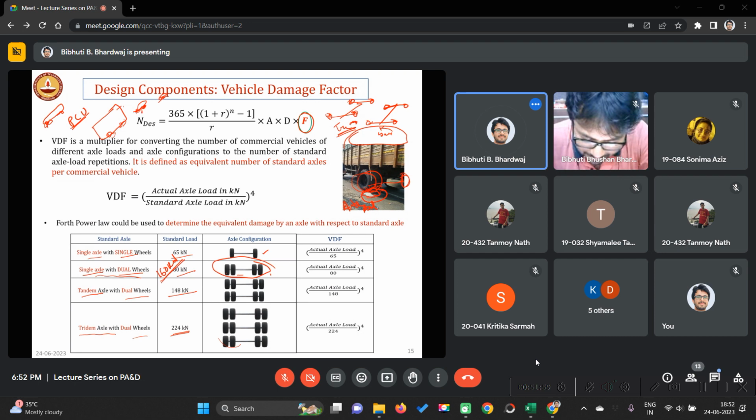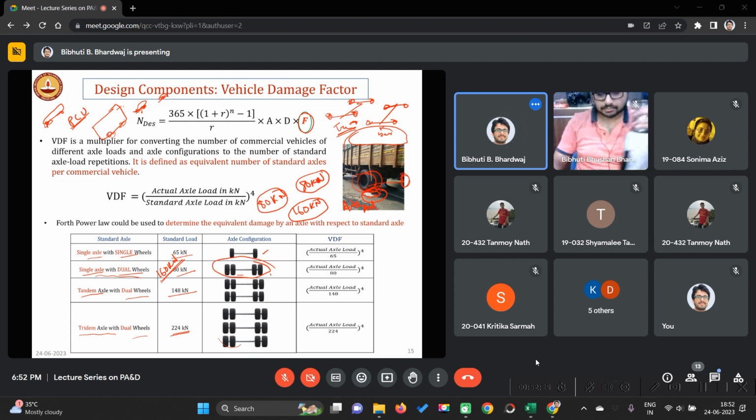Then do you think it is equivalent to two trucks carrying 80 kilonewton?